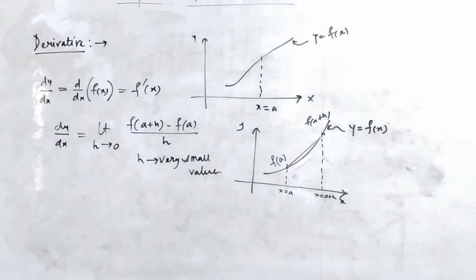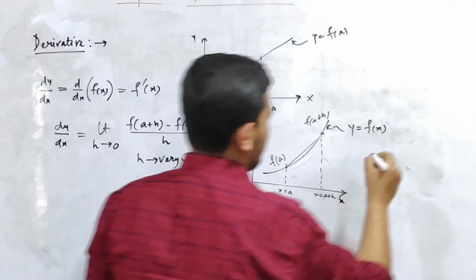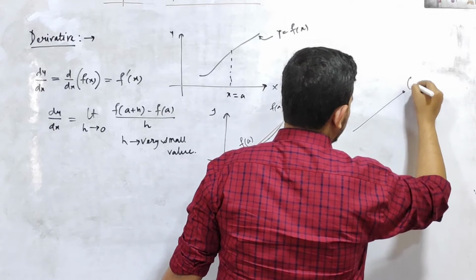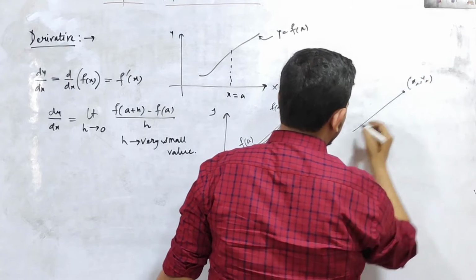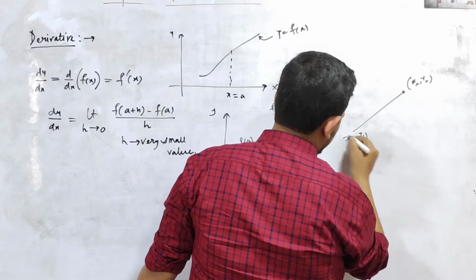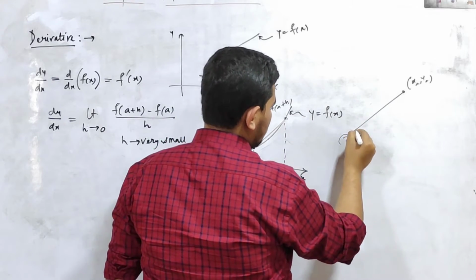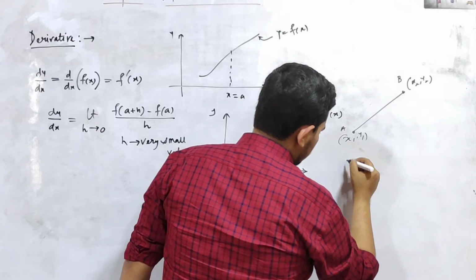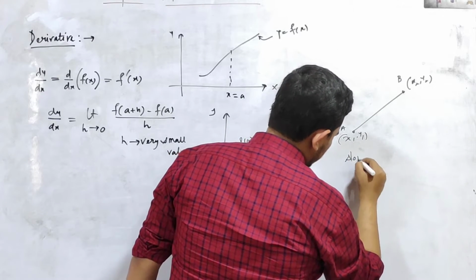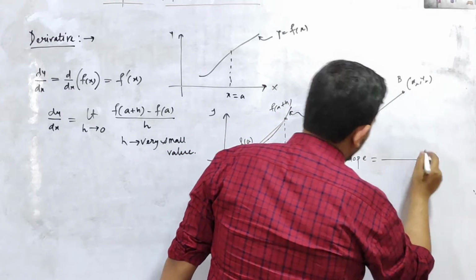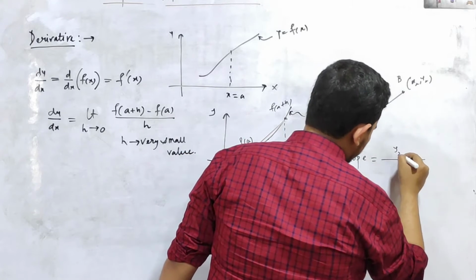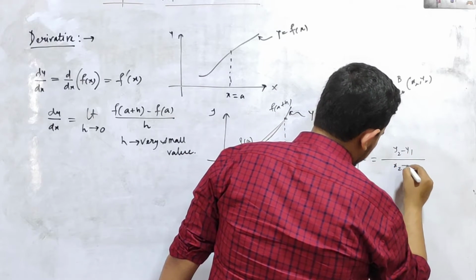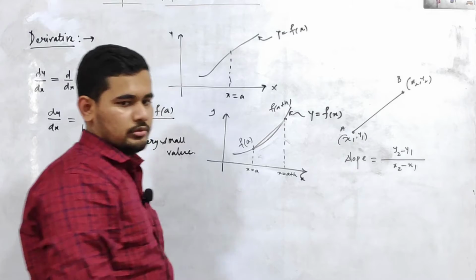The basic expression for the slope of any line is slope equal to y2 minus y1 over x2 minus x1.